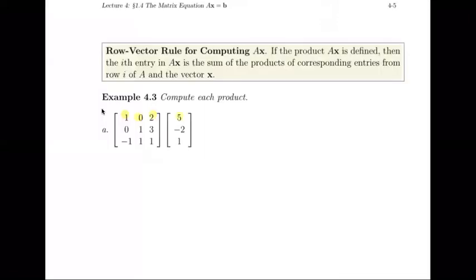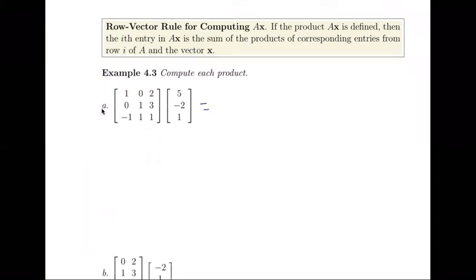This is the first, second, third entry of A times first, second, third entry of X. Okay, so this is the matrix product you're probably used to if you've seen one before, and it's just as well to compute with it as it is to use the linear combination spoken about at the beginning of this section. Only the one at the beginning of this section is more useful for connecting this theoretically to the linear systems.